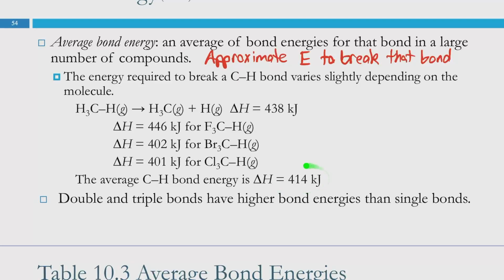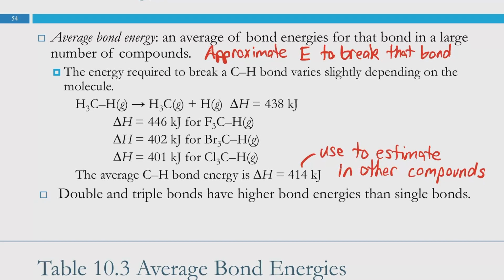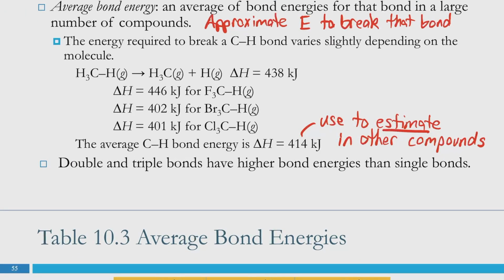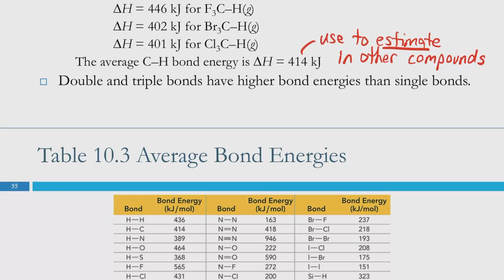So we can average that bond energy out to 414 kilojoules and then use it to estimate in other compounds. So that's why we're using averages, is because it lets us make an estimate. If you have double and triple bonds, those are going to be higher bond energies. They're stronger bonds.